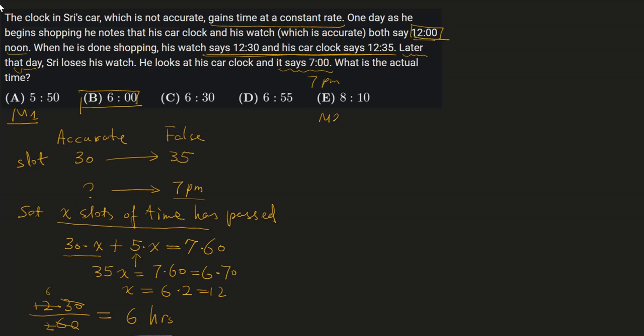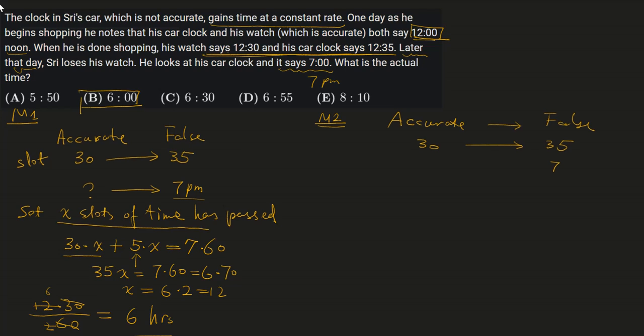Now let's look at method 2. Alright, in method 2, we will still apply this piece of information. So the accurate time system maps to the false time system, and we have 30 minutes maps to 35 minutes, right?